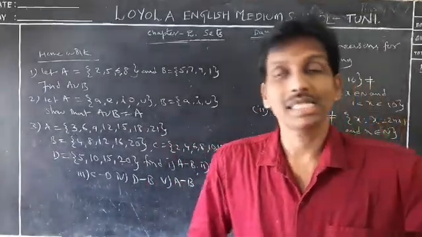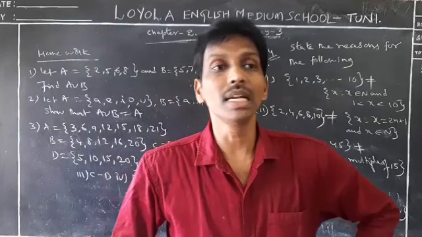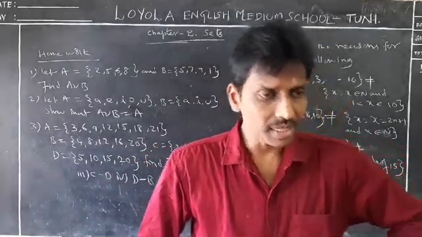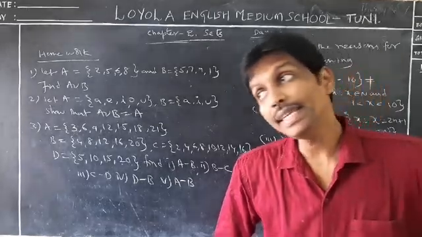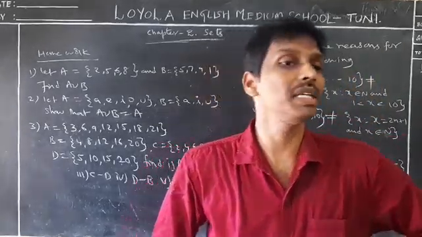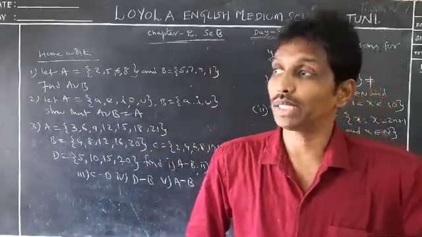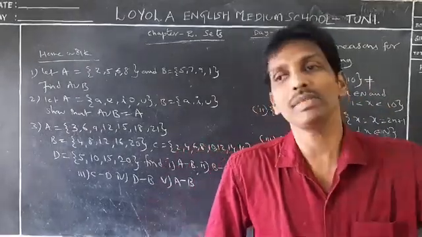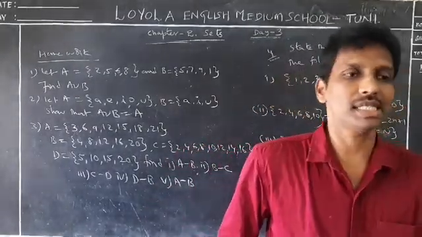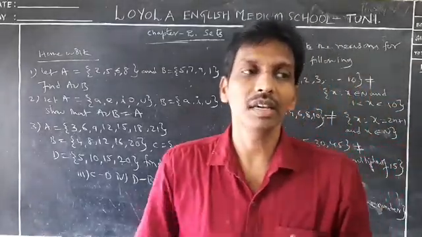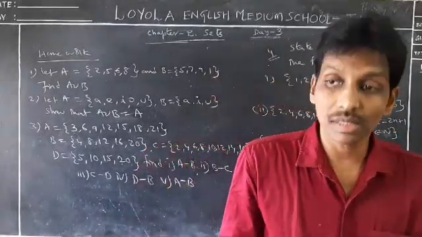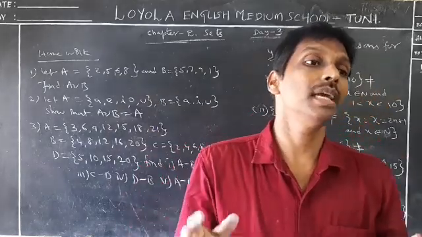And next we discussed the singleton set definition. Next we have seen equal sets and equivalent sets. Equal sets means 2 sets are said to be equal if both the sets have the same elements. But for equivalent sets, we never expect the same elements, but they may have the same number of elements.